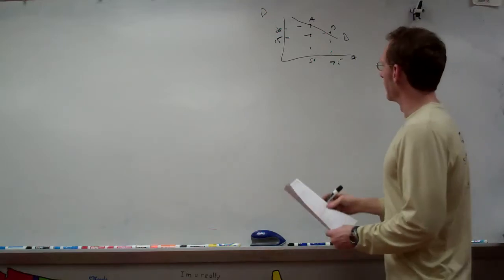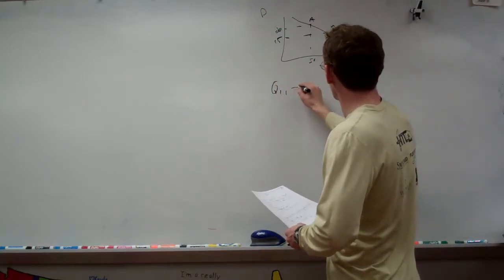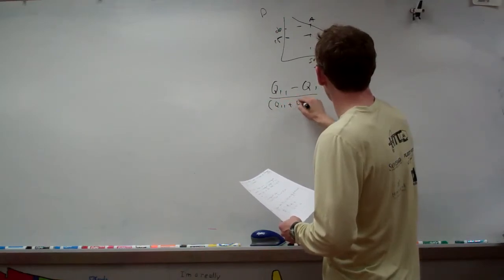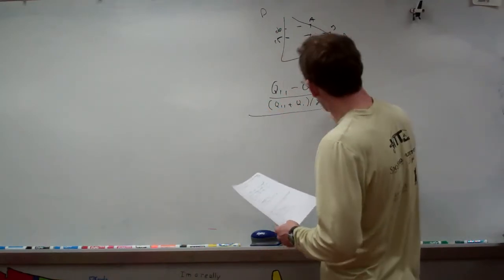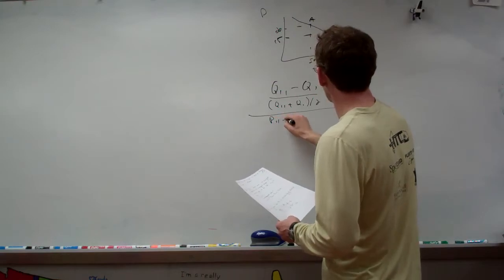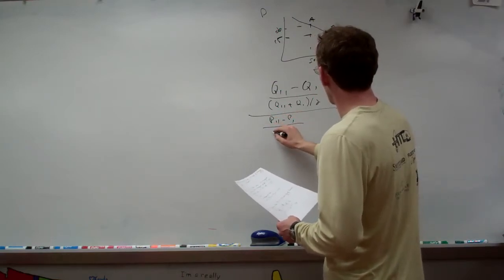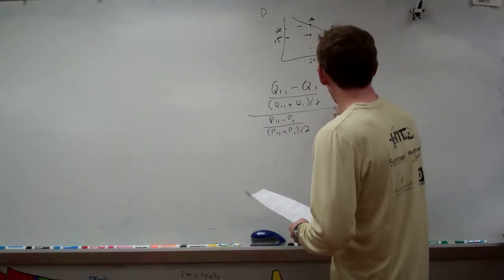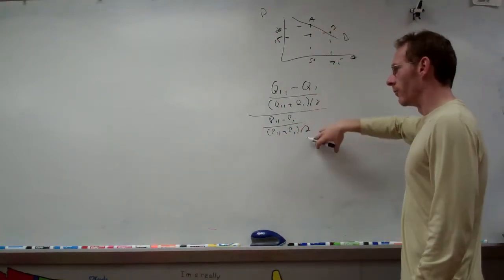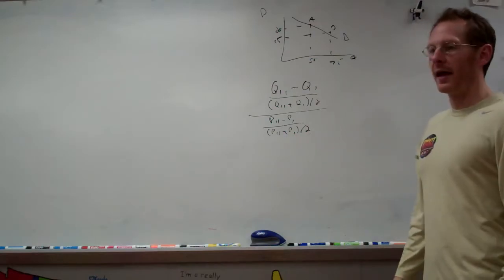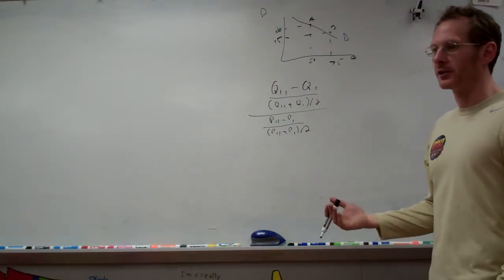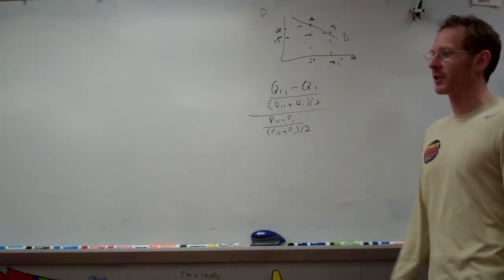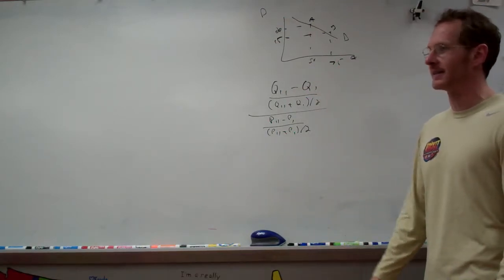We know our equation is Q sub 2 minus Q sub 1 over Q sub 2 plus Q sub 1 divided by 2, all over P sub 2 minus P sub 1 over P sub 2 plus P sub 1 divided by 2. We do the quantity over the price, and you want to use the bigger numbers first. Some of you had 50 minus 75, which gives you a negative number, and that's going to throw off your elasticity.